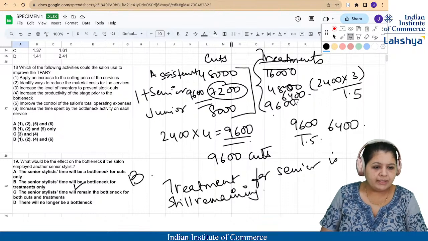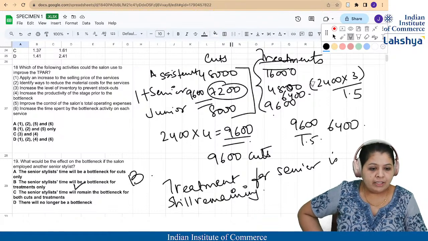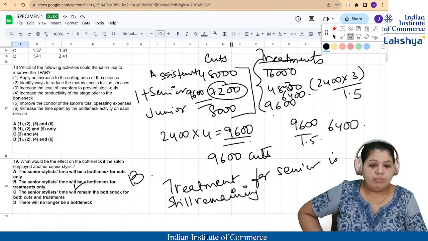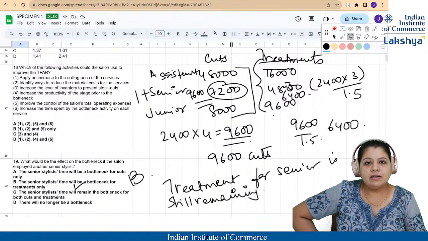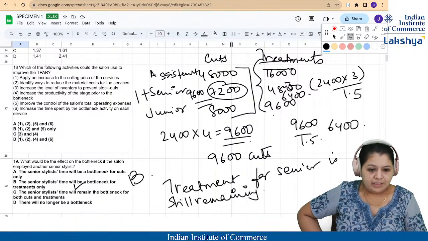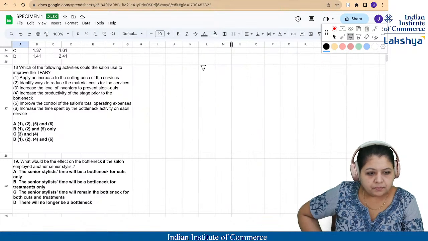But for treatments, that still remains because the capacity of assistant and junior is very much high, right? So if this bottleneck needs to be removed, maybe they should have one more assistant and one more senior, and maybe have like five senior stylists. Let's go to the next one.